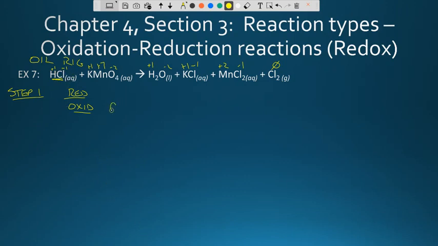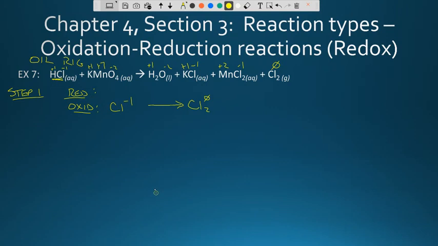My chlorine went from a -1, from my hydrochloric acid, to a 0 charge. That's oxidized. Who's reduced? Well, my manganese went from a +7 to a +2, so it gained electrons. And so that's the RIG part.